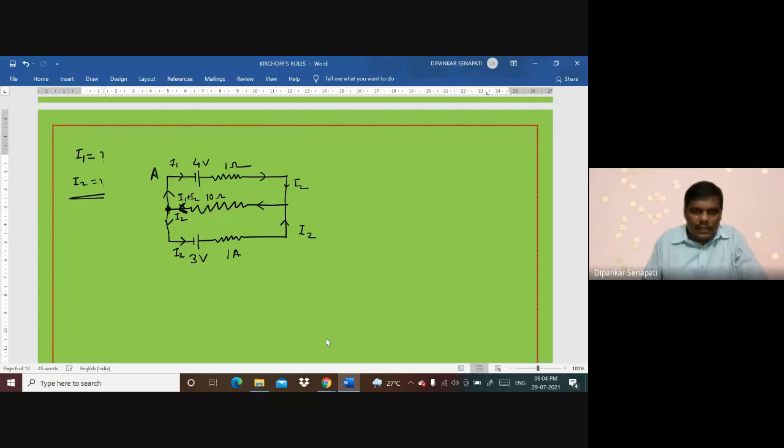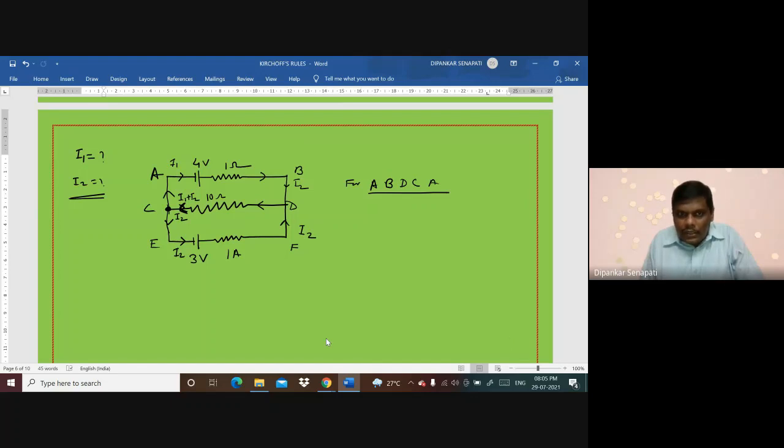Let me name the points here: A, B, this is C, D, this is E, F. Let me consider the loop A, B, D, C, A. Our direction of calculation will be A, B, D, C, A. Let us start from A, and first we will come across the EMF.